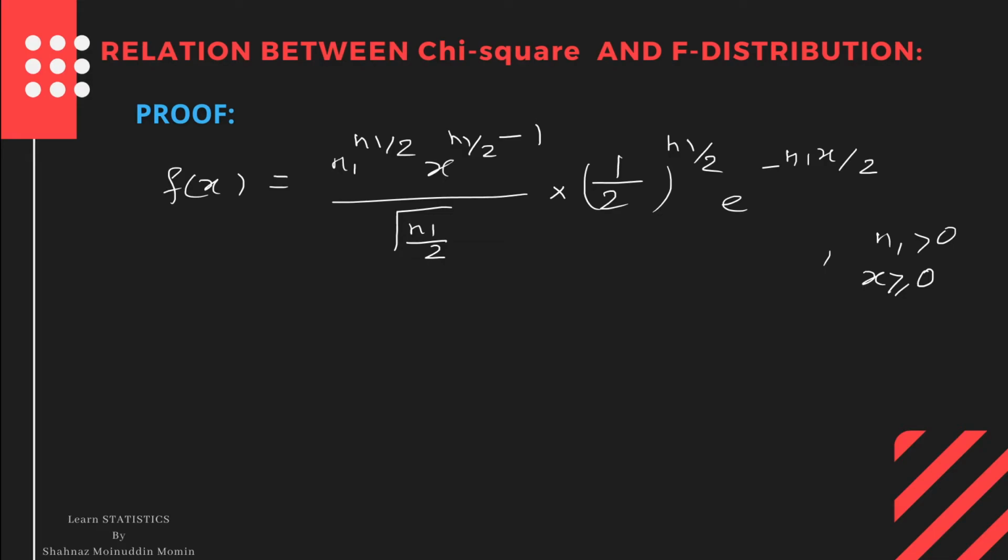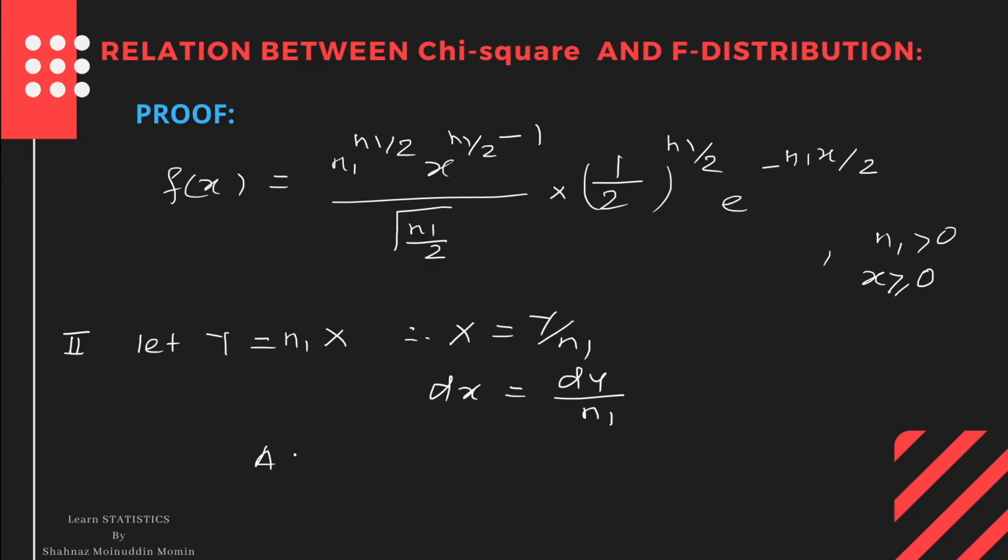Now in the second step I will obtain the distribution of y equal to n1x. So let the second step be y equal to n1x. Therefore x equal to y upon n1. Hence dx equal to dy upon n1.